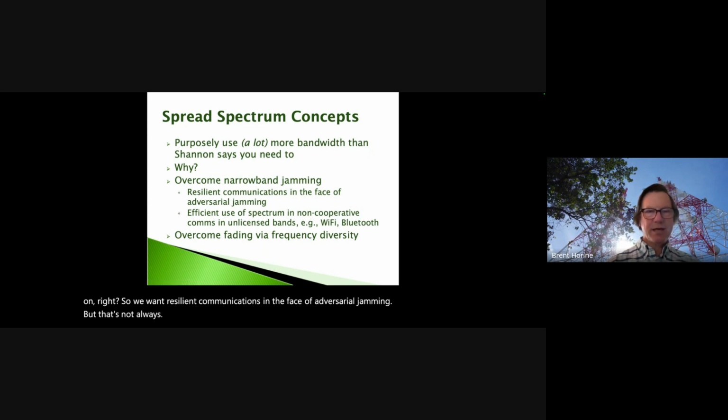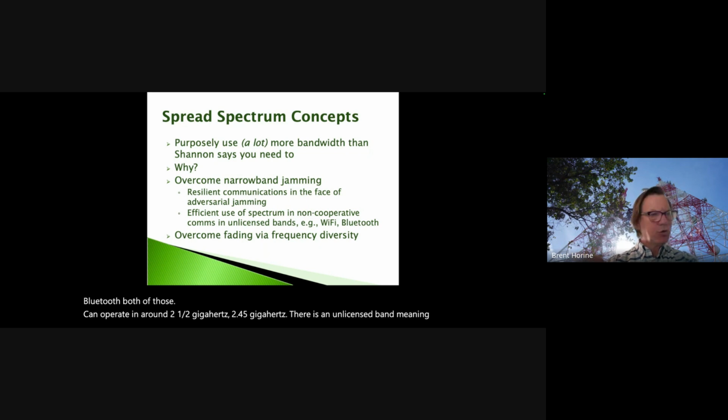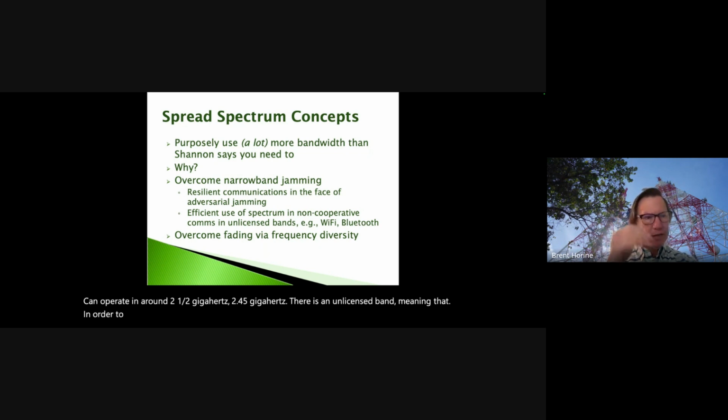Even in a commercial or consumer type application, let's say just Wi-Fi or Bluetooth, both of those can operate around 2.5 gigahertz, 2.45 gigahertz. There's an unlicensed band, meaning that in order to transmit in that band, you don't need to go and get a license from the FCC.